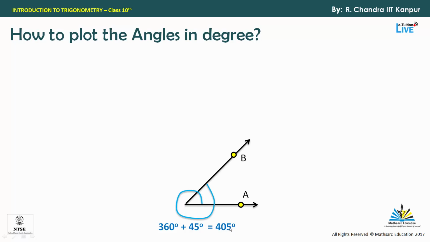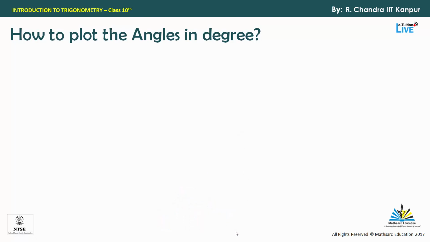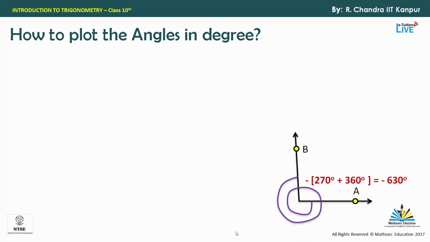So this is representing a 405 degree angle. Here we have a minus 630 degree angle, and how is it? It is 360 plus 270 and the minus sign is there. So it shows a clockwise rotation, not anti-clockwise. Let's have a look at all these angles.